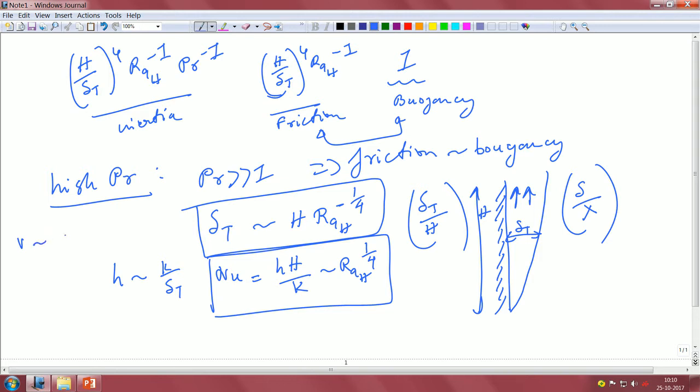That velocity scale is given by alpha by h into Rayleigh number Ra_h to the power of half, right. So, V is alpha by h multiplied by Ra_h to the power of half. These all come from the scaling arguments that we did earlier. It is just a substitution of delta t, that is all that we have done, to get from here to here.